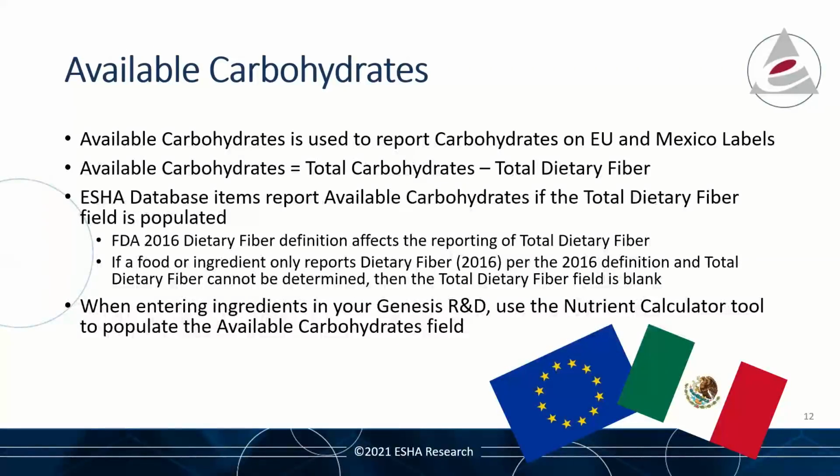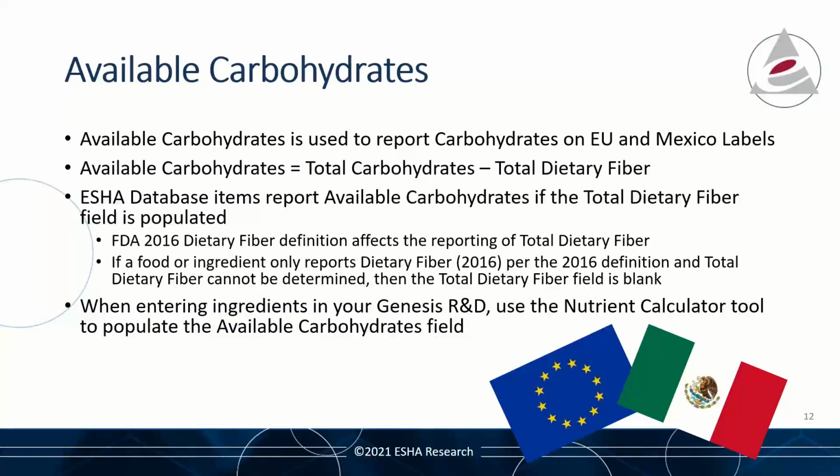I also want to mention a few nutrients specifically. Carbohydrates is expressed in terms of available carbohydrates for Mexico and EU labeling. In Genesis, available carbohydrates is determined by the total carbohydrates field, or it's labeled as carbohydrates, minus the total dietary fiber field.